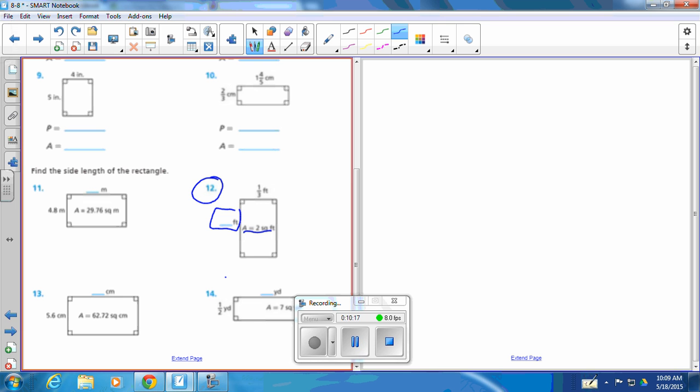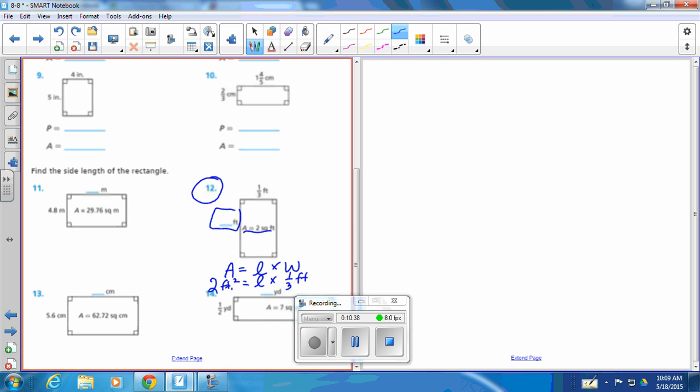Okay. So going back to our formula, area equals length times width. Again, if we plug in the information that we have, then we can figure out the other one. So we know area equals 2 square feet. The length is unknown, and the width is 1/3 feet.